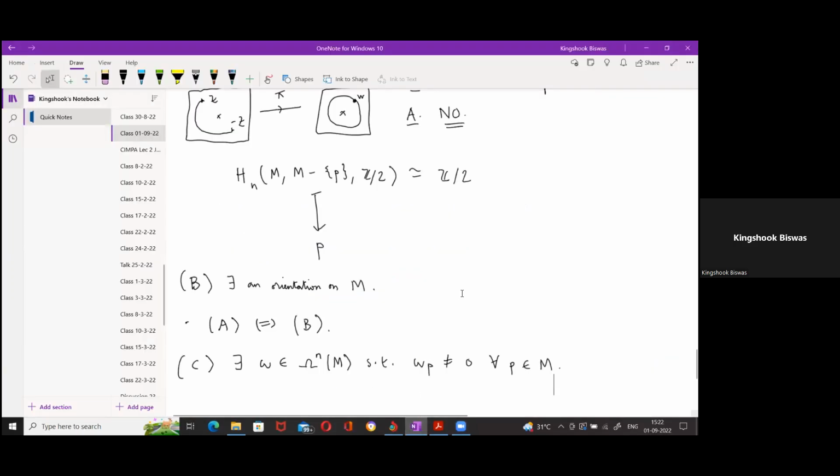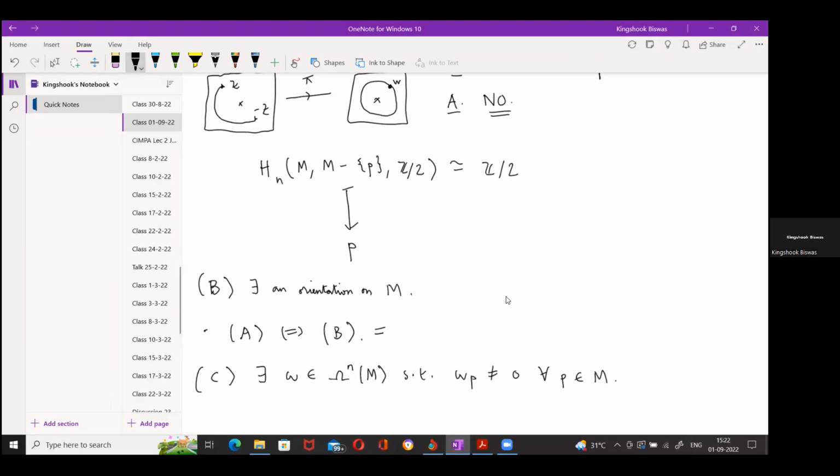Okay, so orientability: there are three equivalent definitions. All these three are equivalent. You can try to prove the equivalence of C with either B or A as an exercise.